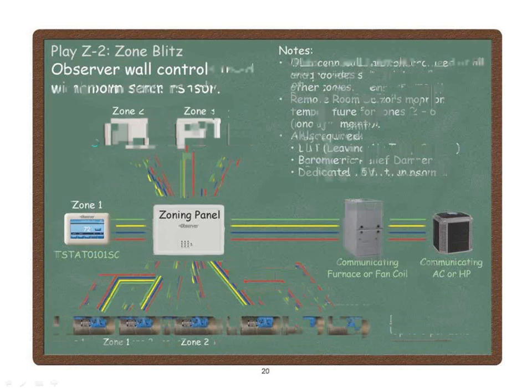However, if they say, you know what, in my bedroom I want to be able to change my temperature without having to go all the way back downstairs, or in my basement I want to change the temperature, then instead of putting those non-LCD stats in, you could put in a regular observer control. Obviously, it costs a little bit more money than a non-LCD one. But you could do that, and you'll configure it as a zone sensor instead of configuring it as a main control, and he'll be able to then change settings for that zone.